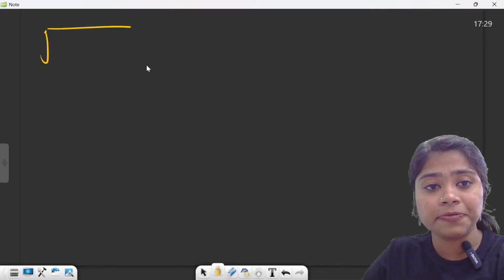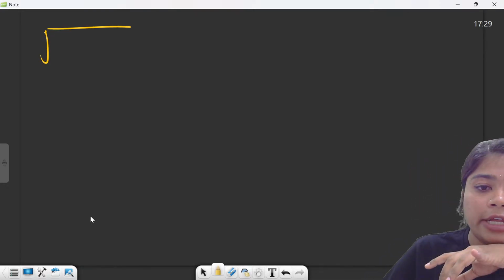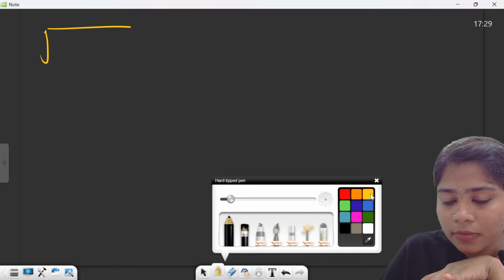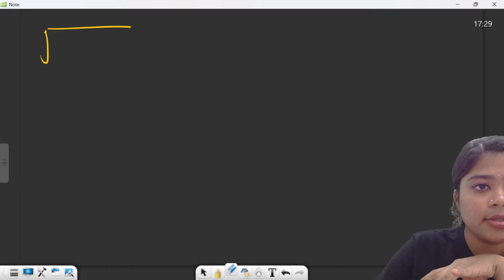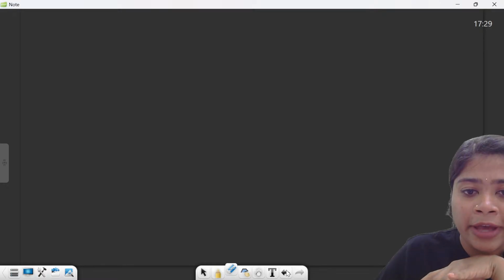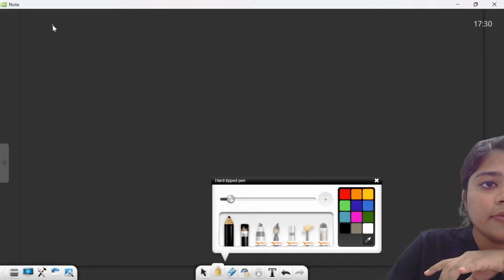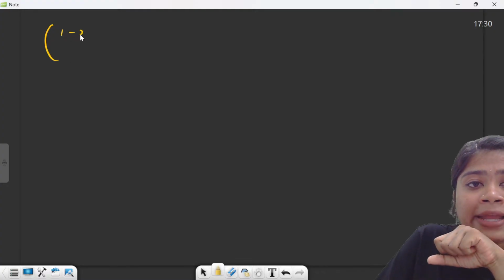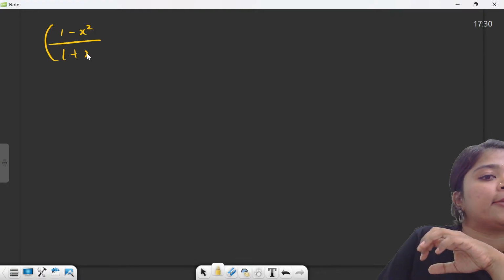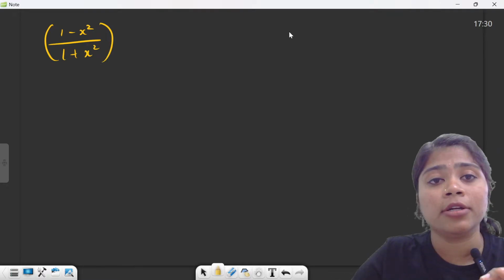Okay, look. Whenever, for example, I have an expression like 1 minus x square divided by 1 plus x square, what can be done?